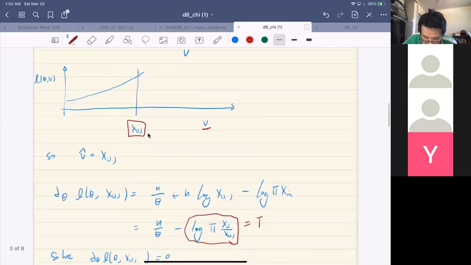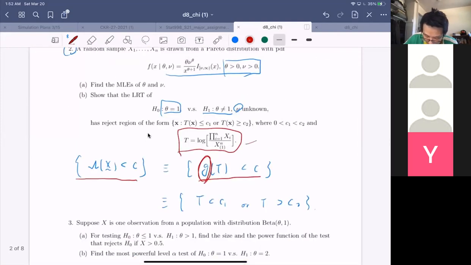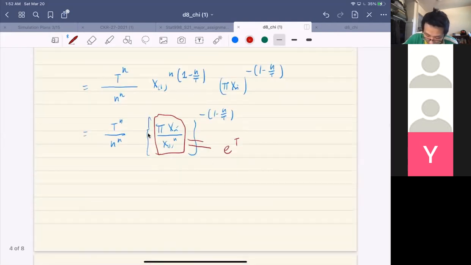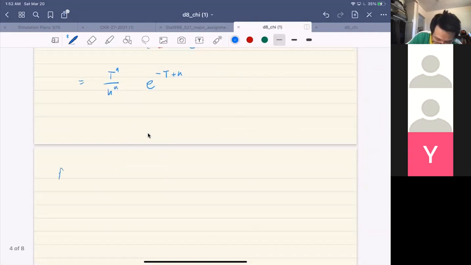Yes, because t is like this. So we will have t to the power n, exponential of negative t plus n.